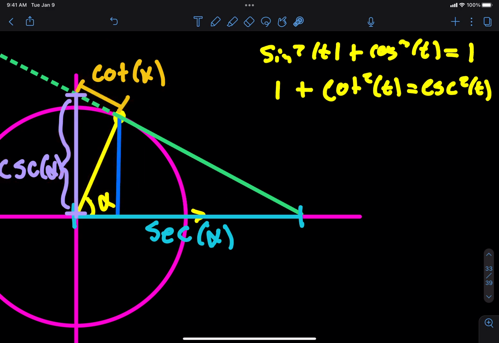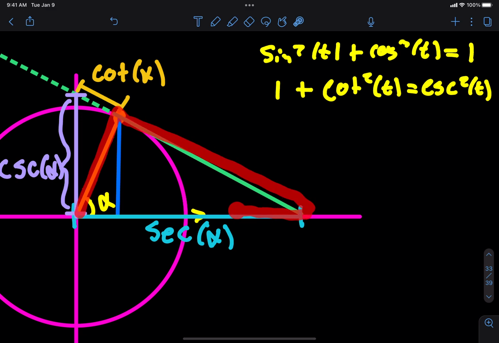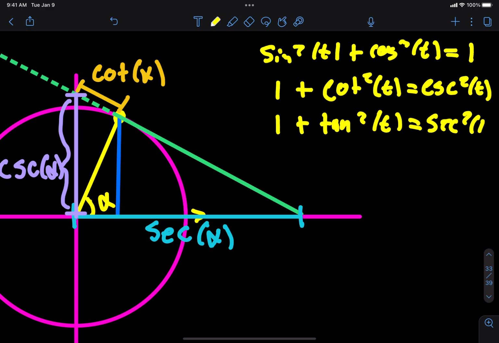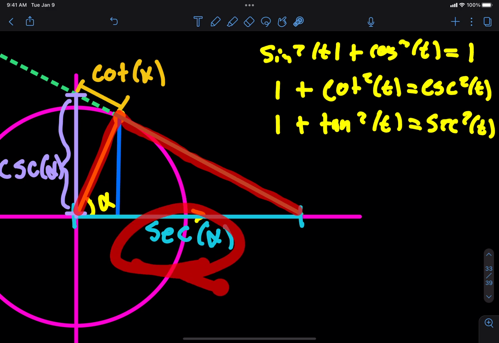And what's the other triangle you can see in here? It's this one. This is the other triangle. So what is this triangle going to tell us? It's going to tell us that 1 plus tangent squared of t is equal to secant squared of t. Why? Because here's one short leg, here's the other short leg, and the hypotenuse is secant.